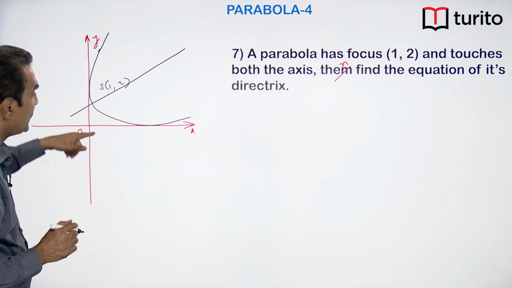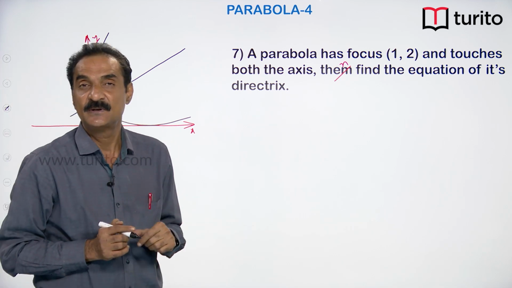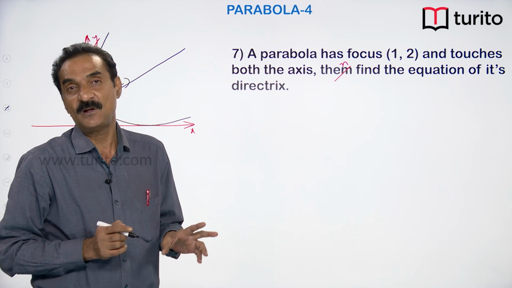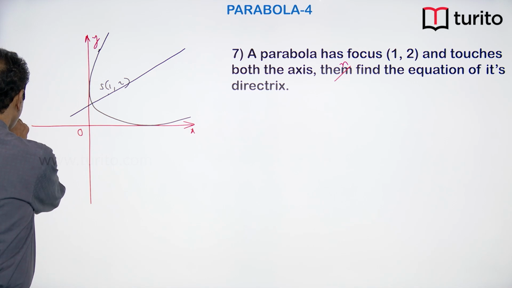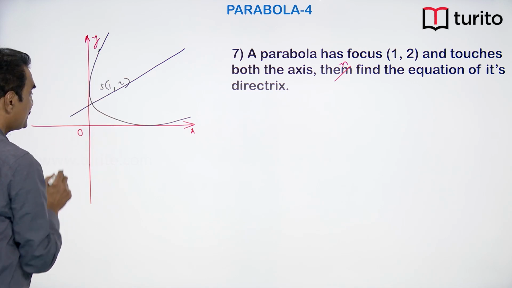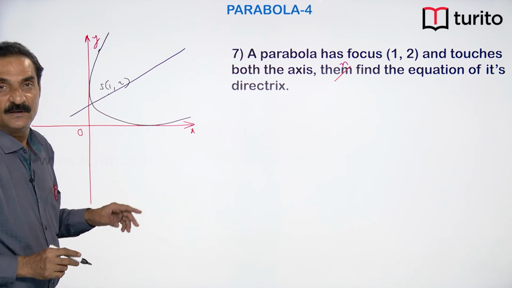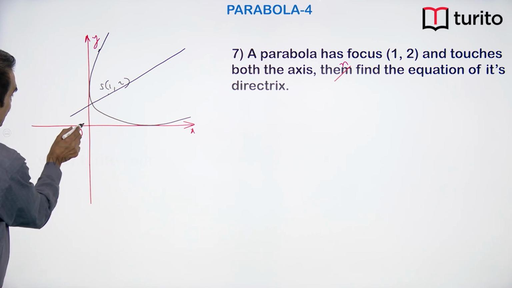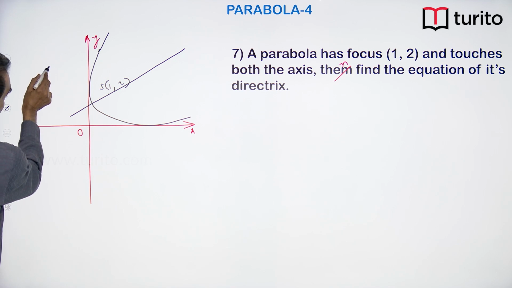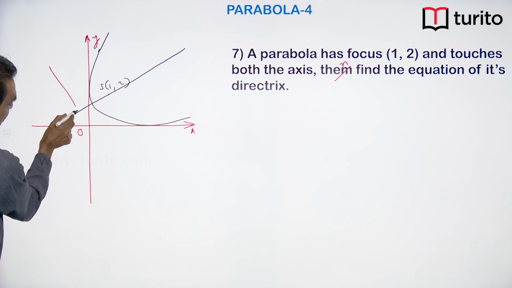Here x axis and y axis are two perpendicular tangents, so they must intersect on directrix. What is the point of intersection? Point of intersection is origin. So, origin lies on the directrix. Directrix is a line perpendicular to the axis, so take the directrix like this.